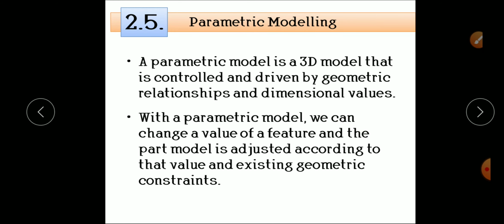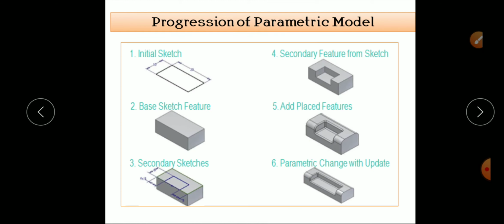Parametric modeling. A parametric model is a 3D model that is controlled and driven by geometric relationships and dimensional values. With a parametric model, we can change the value of a feature, and the part of the model is adjusted according to the value of the existing geometric constraint.